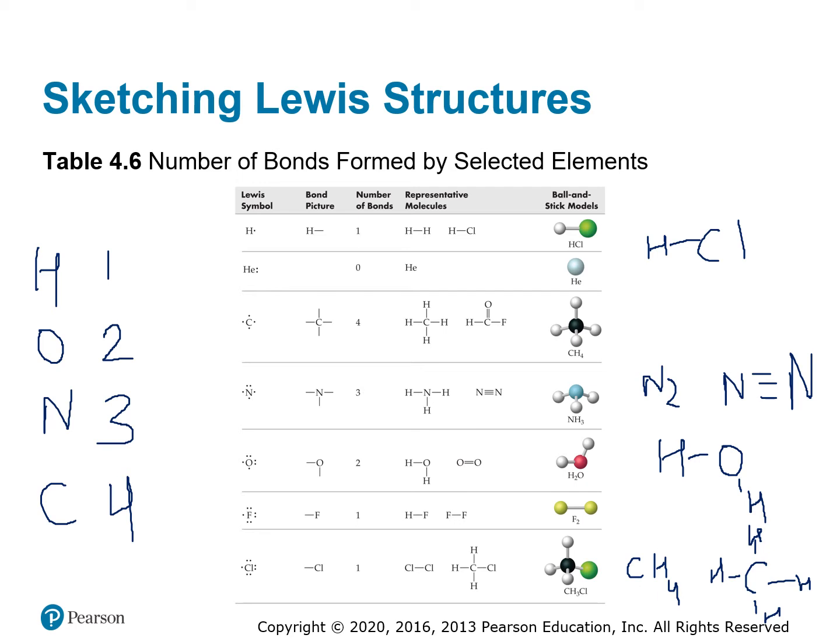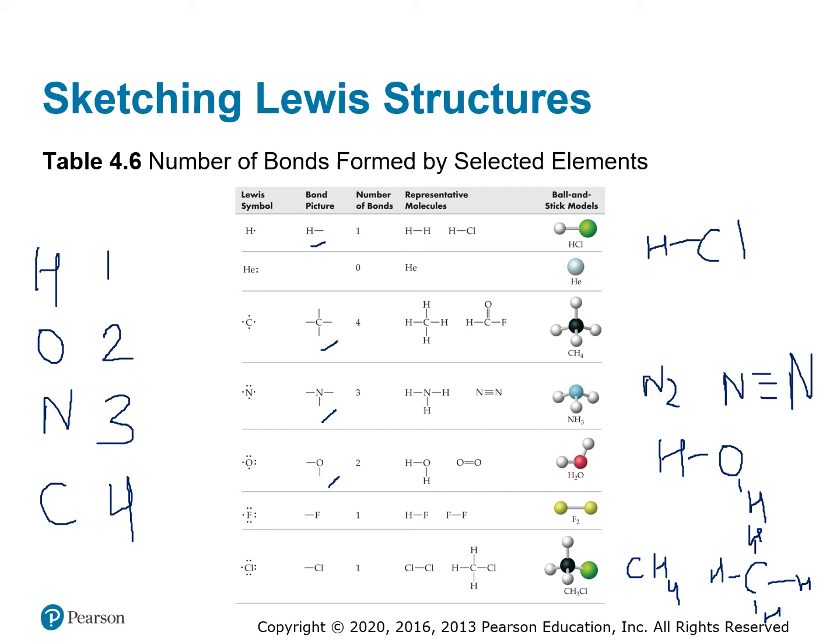So here you are able to see the number of bonds that can be formed, and I already gave you a shortcut that covers hydrogen, carbon, nitrogen and oxygen, and then you can look at the others.